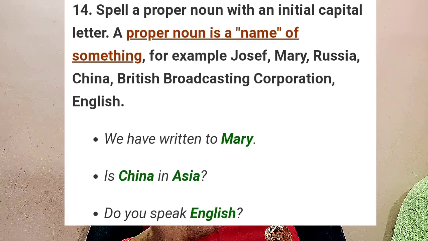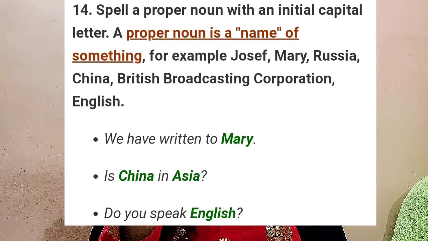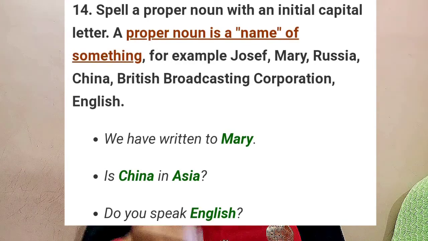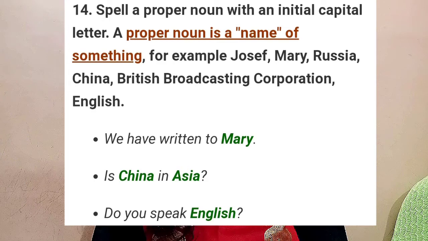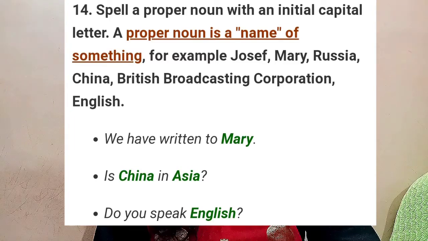The name of only one particular boy is Joseph, so this word will always start with a capital letter. The name of any particular country, like Russia. All the countries' names are not Russia, so R will always be a capital letter. English is a subject. All subjects' names are not English, so English will start with a capital letter. So whenever we spell a proper noun, we will always use a capital letter.